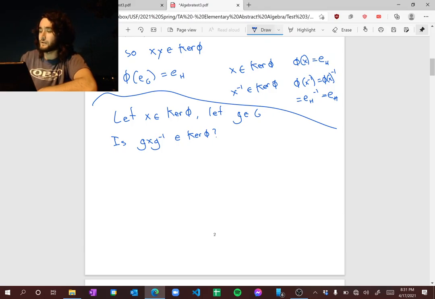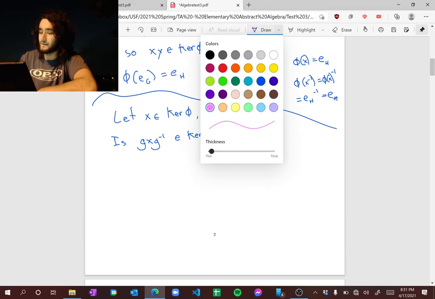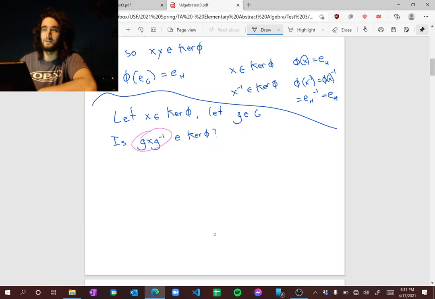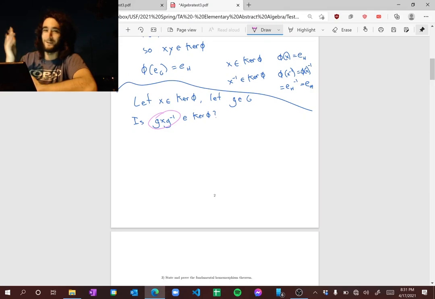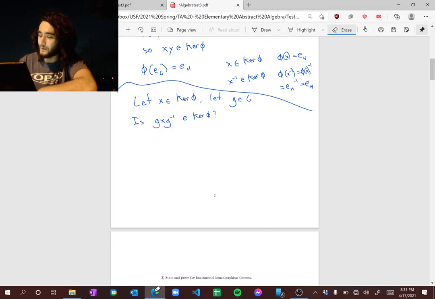By the way, I should have mentioned this maybe on number 1. Some people conjugate it the other way around, like g inverse x g. That's fine. It's left hand, right hand stuff. They're different, but equivalent ultimately.